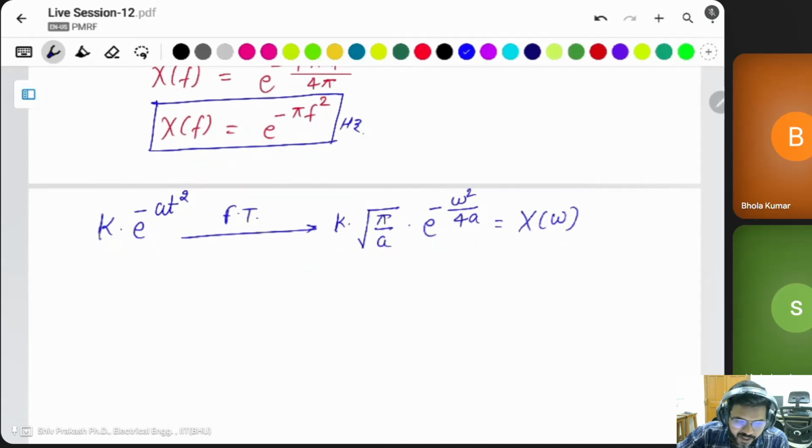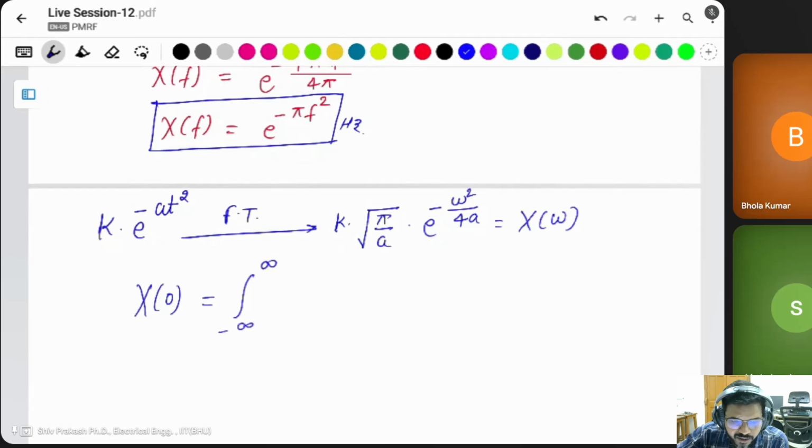What happens if omega is equal to 0, the value at origin, at zero frequency? The Fourier transform is the integral from minus infinity to infinity of x(t) into e to power of minus j omega t.